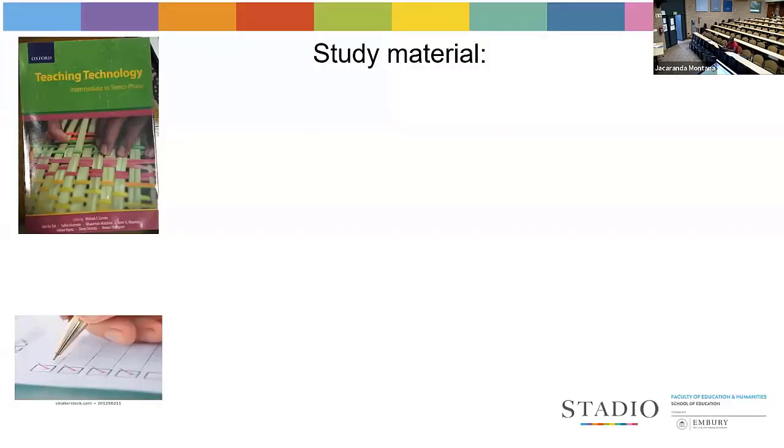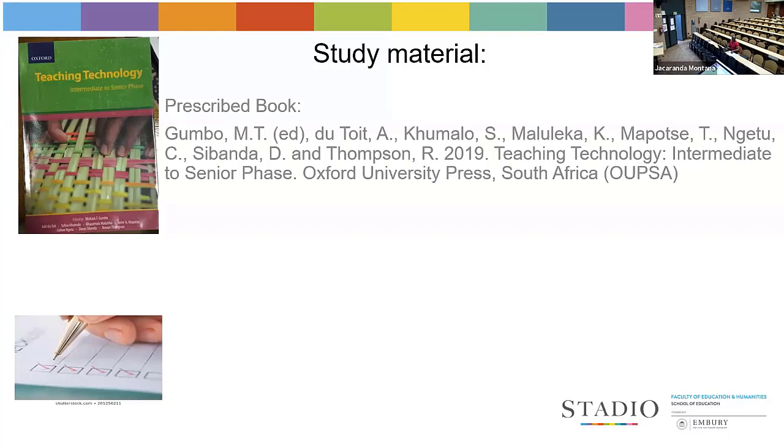For this module, the study material, hopefully you have the prescribed book by now. It's Teaching Technology. If you don't have that, you can get it in the week to come. This is the book, I have it up there on the PowerPoint. Most of the work is coming out of the prescribed book, so make sure that you have that.